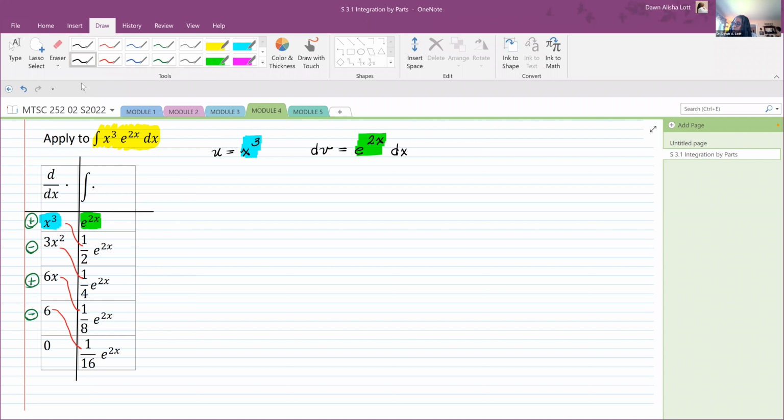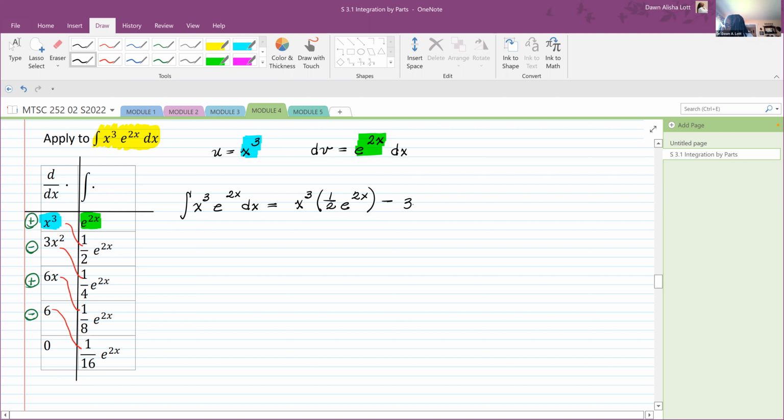Thank you for all your help. Y'all really did good on this one. The integral of x cubed e to the 2x dx. Okay, so the first thing we do is positive. So that's x cubed times 1/2 e to the 2x. Second one's negative, 3x squared times 1/4 e to the 2x.